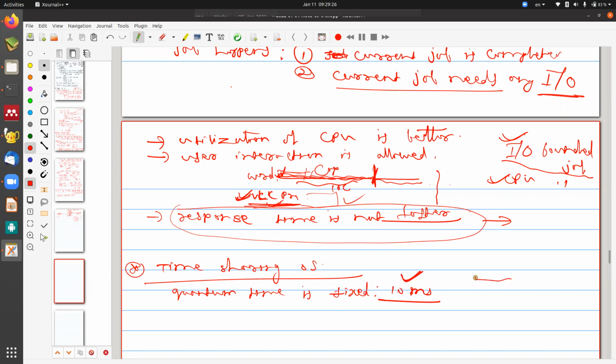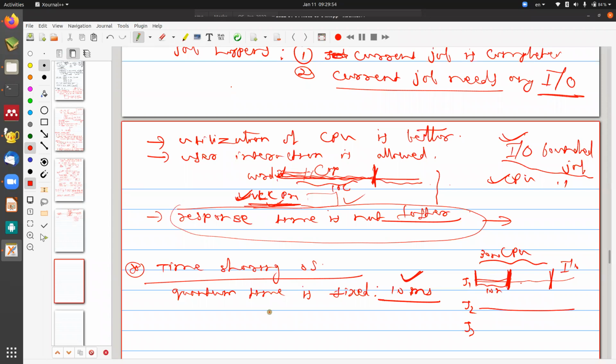Suppose this is my job 1, this is job 2, this is job 3, like this. Even if my CPU requirement is 30 milliseconds, after exactly 10 milliseconds the CPU has to be switched to the next job.